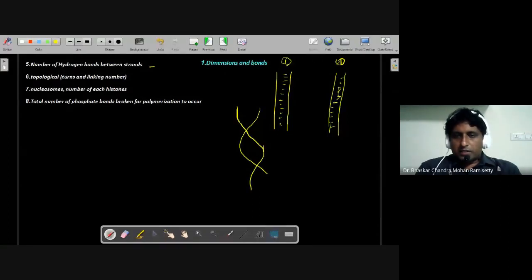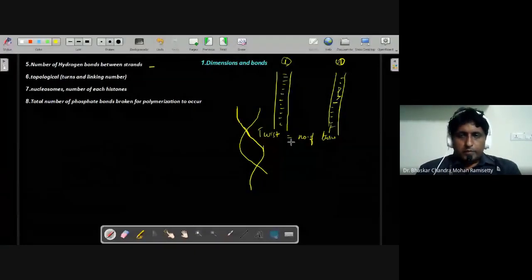Each time one strand crosses over the other one, it is one twist, right? The twist is almost equal to the number of turns, right? And then that is what relaxed DNA is, and what supercoiled DNA is.